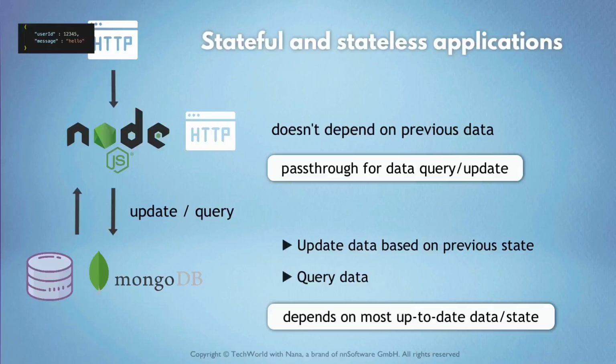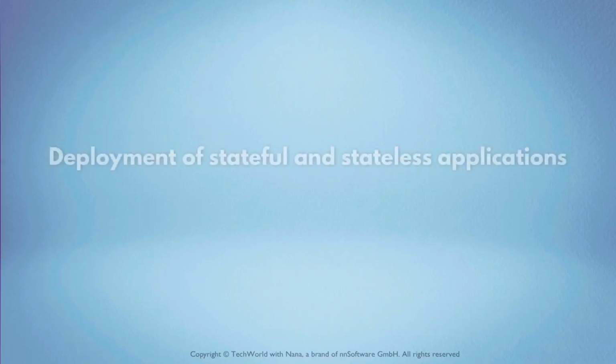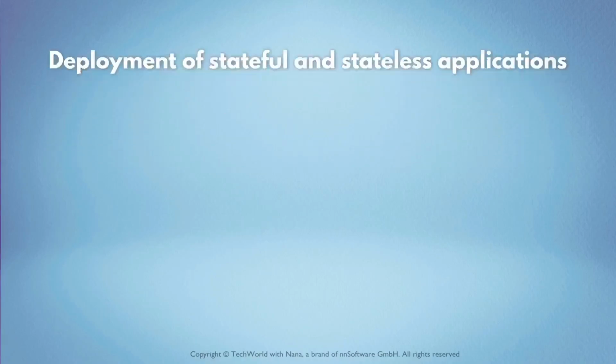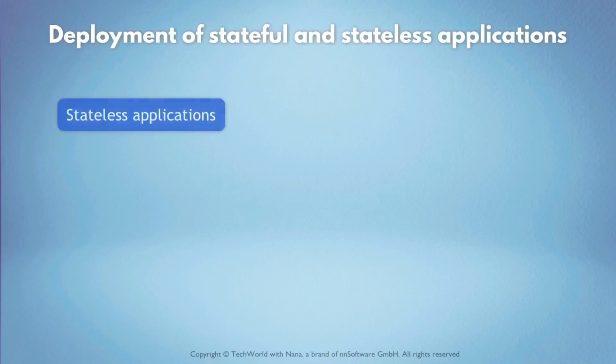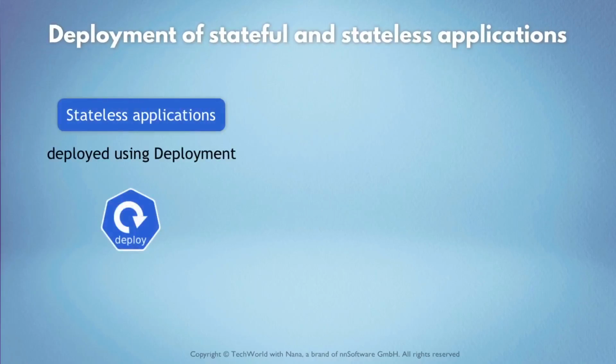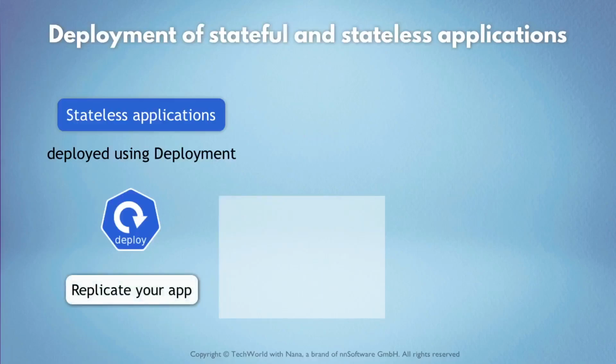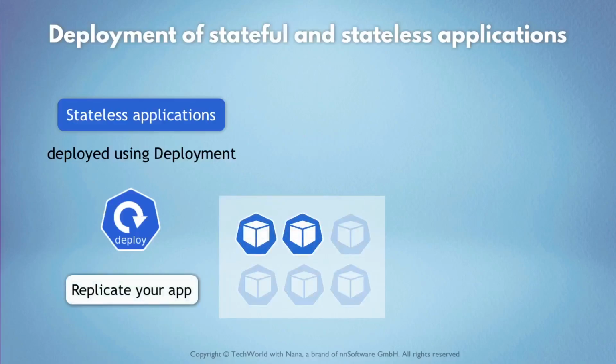Now, because of this difference between stateful and stateless applications, they're both deployed in different ways using different components in Kubernetes. Stateless applications are deployed using the deployment component, where deployment is an abstraction of pods and allows you to replicate that application, meaning run 2, 5, 10 identical pods of the same stateless application in the cluster.